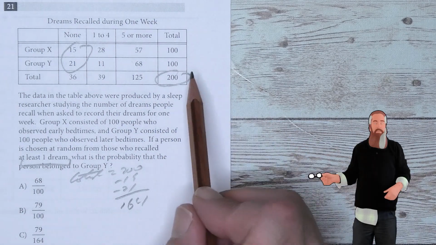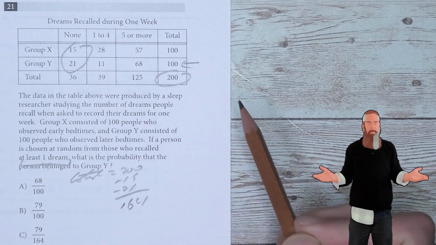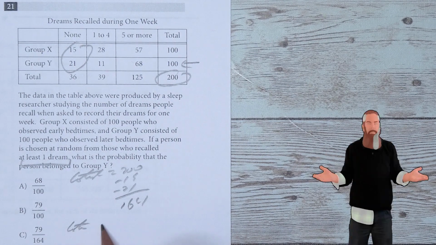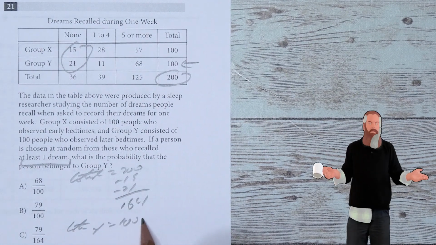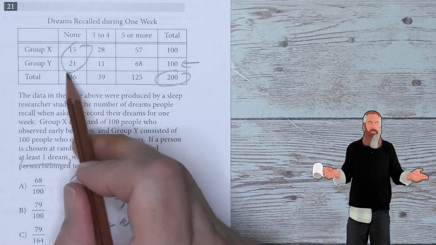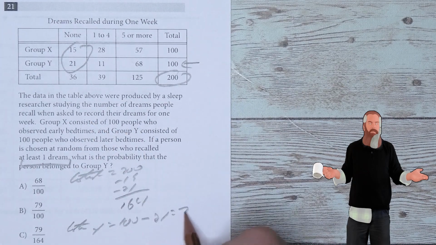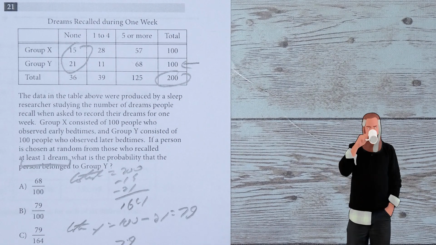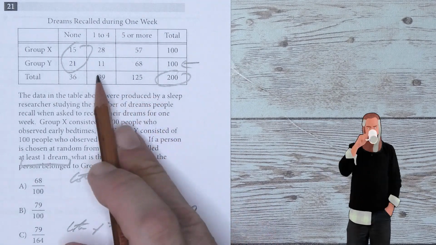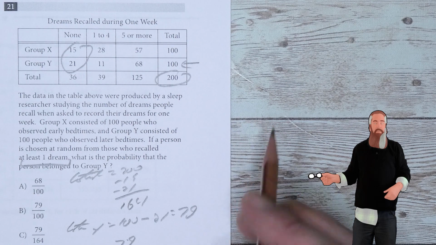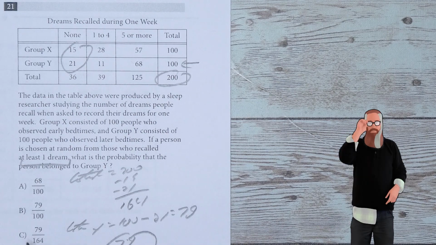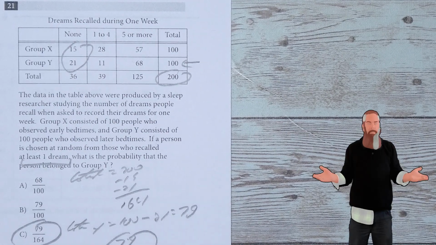Now, what we're trying to figure out is just from Group Y. So the total Y that we're considering is going to be 100 minus that same 21 again to give us 79. So we're looking at 79, the people from Group Y who remember one or more dreams, divided by the total number of people that remembered one or more dreams, 164. So C is the answer.